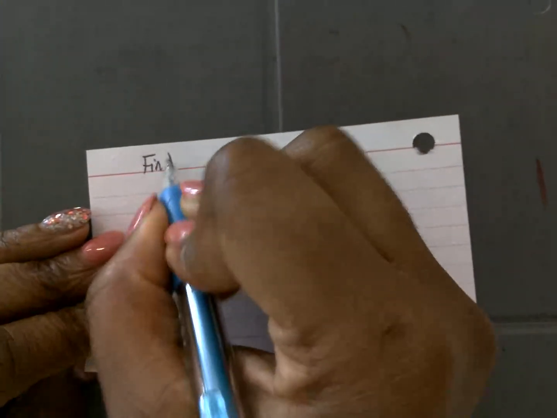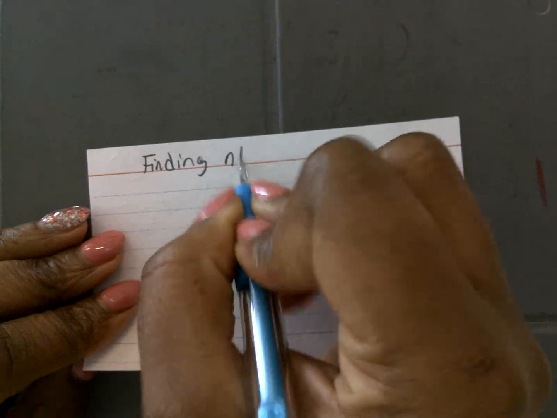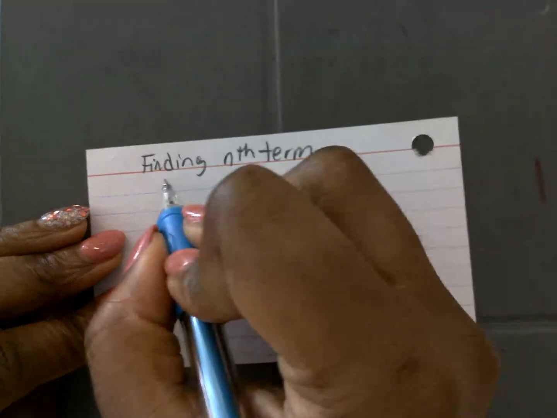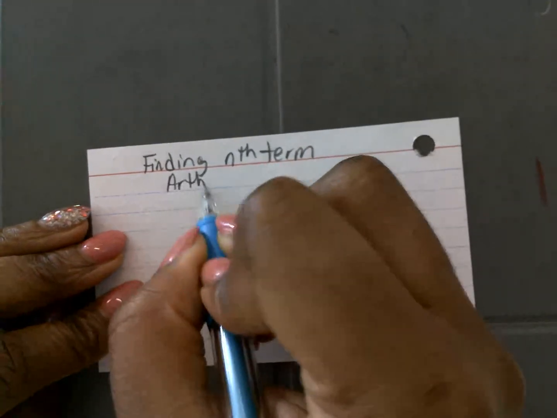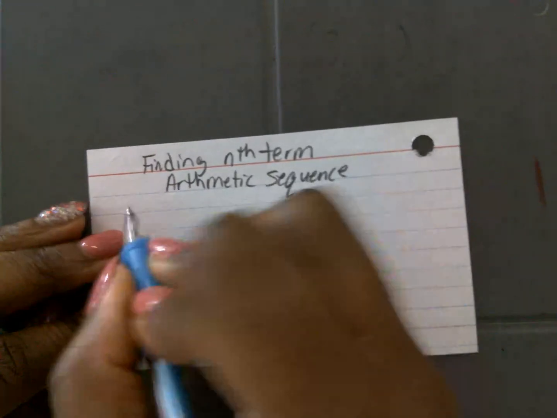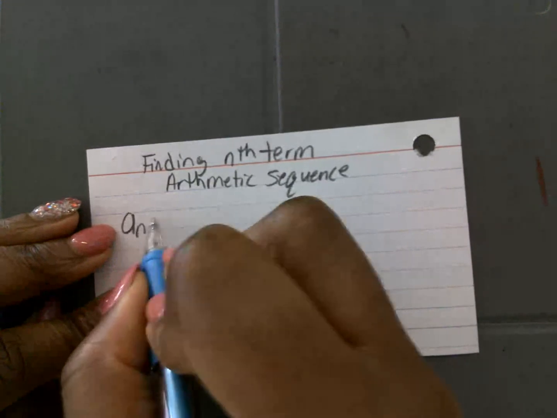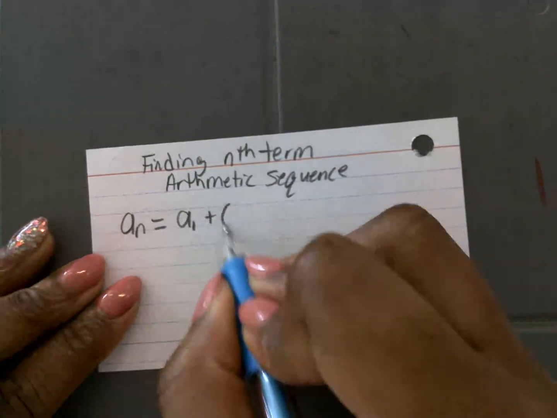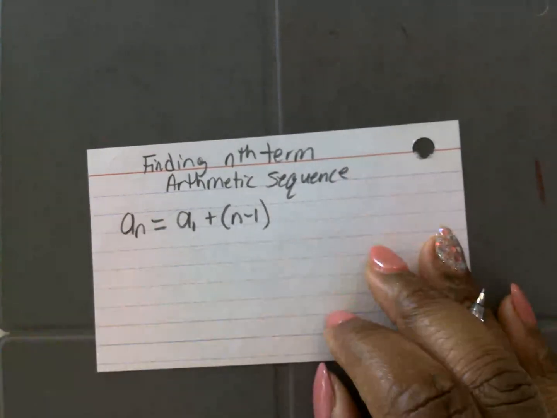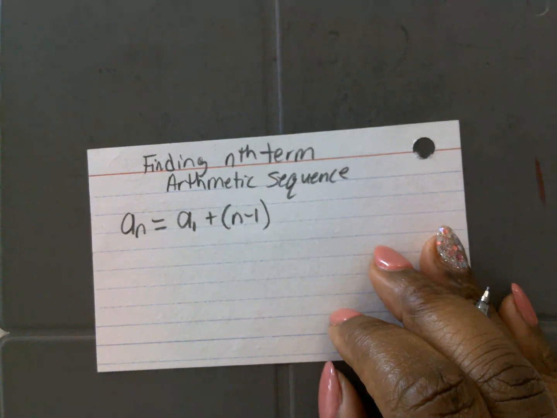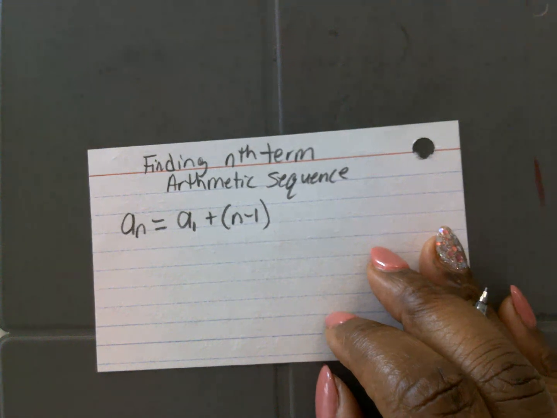Okay. Finding the nth term. Remember, when you're finding the nth term of an arithmetic sequence, the formula is a sub n is equal to a sub 1, the first number, and you're going to add n minus 1, because you automatically assume that the first number in the list is a sub 1, not a sub 0, unless they tell you that it's a sub 0.